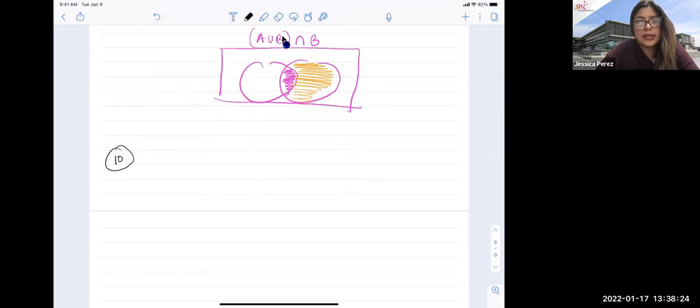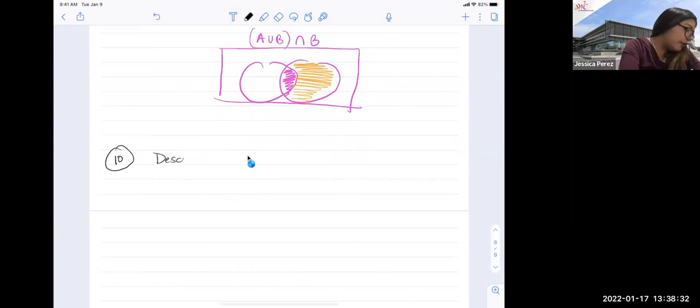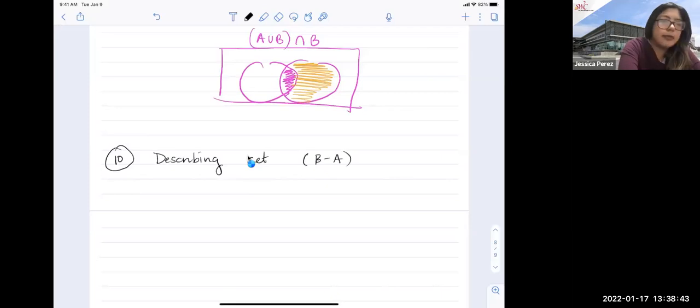Question 10, let's see. Okay, so you're describing here. So if I give you the set B minus A or C, how would I describe the symbols?